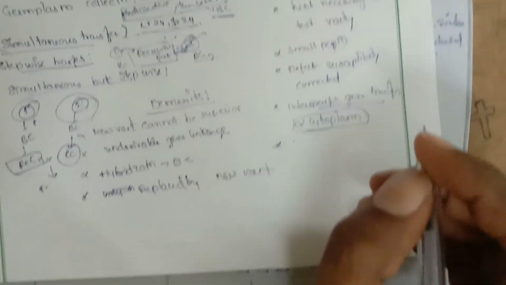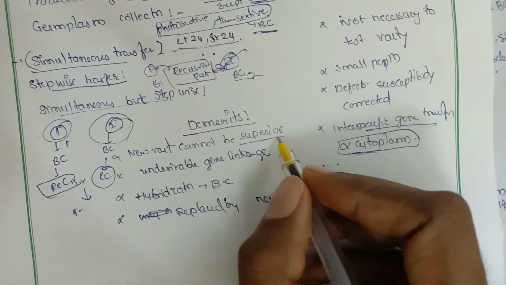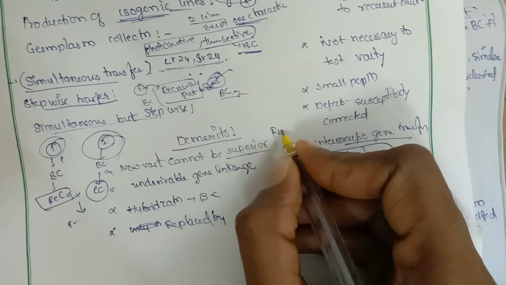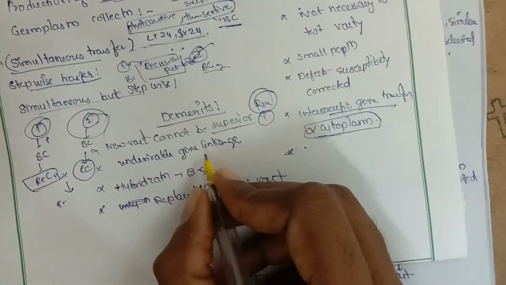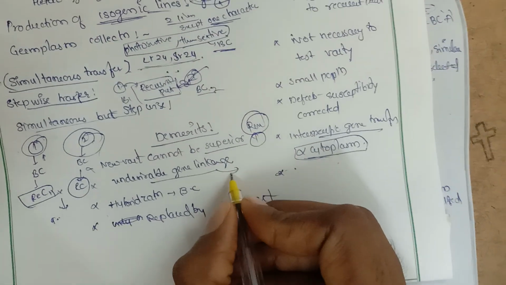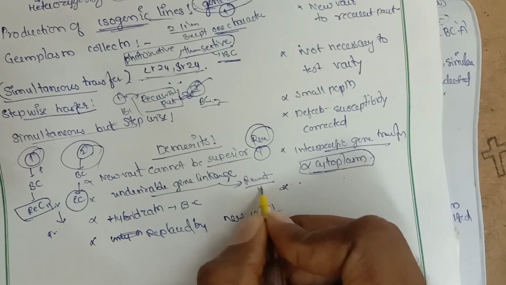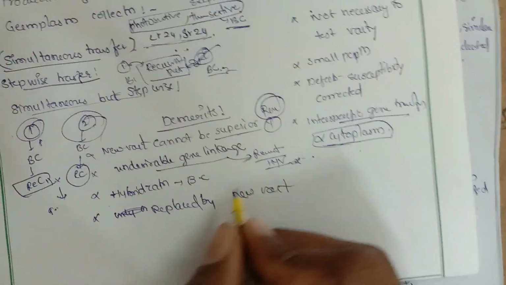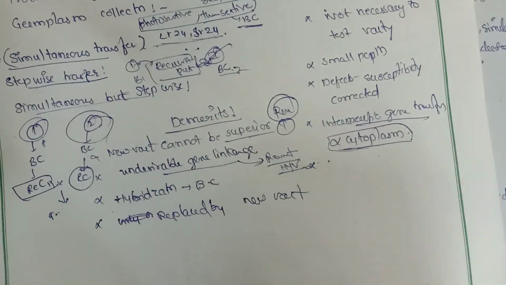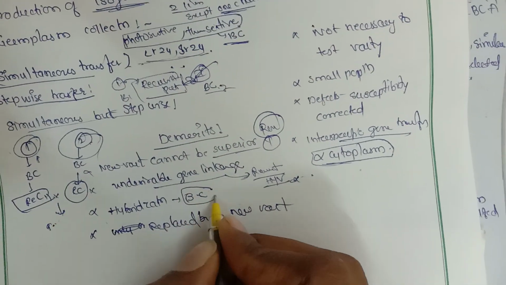And the demerits are that the new variety is not superior to the recurrent parent except for one character, and if there is undesirable gene linkage, the undesirable gene can be transferred into the recurrent parent with the good agronomic characters. And hybridization is a big problem in case of backcross.